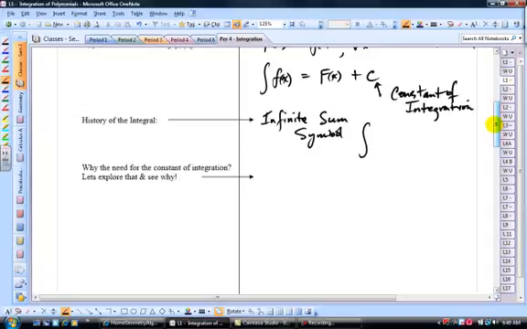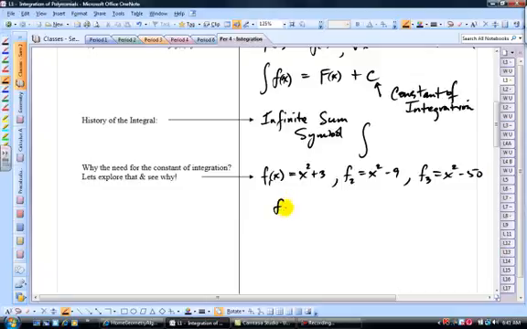Let's talk about why we need that constant. Let's take a look at a few functions. The first, f1, is x squared plus 3. The second, f2, is x squared minus 9, and f3 is x squared minus 50. If you differentiate all these functions, you get the same result, because no matter what constant is involved, the derivative of the constant is 0.